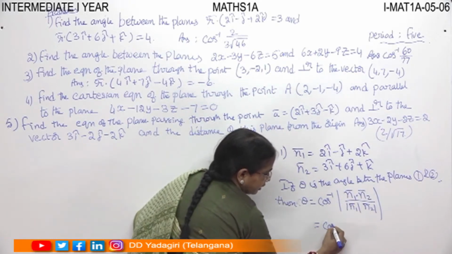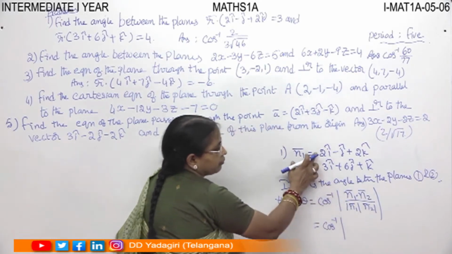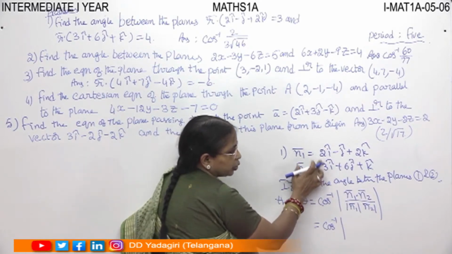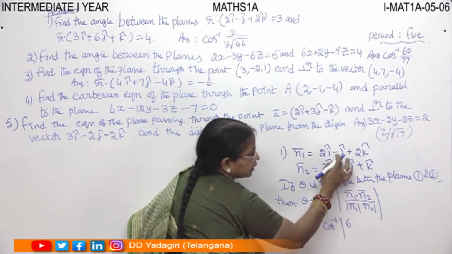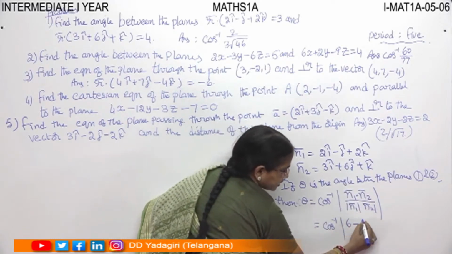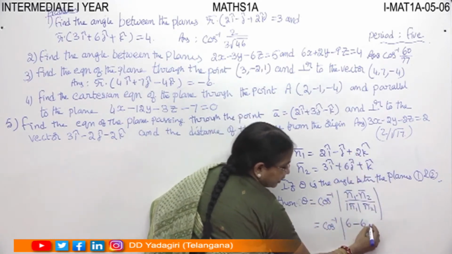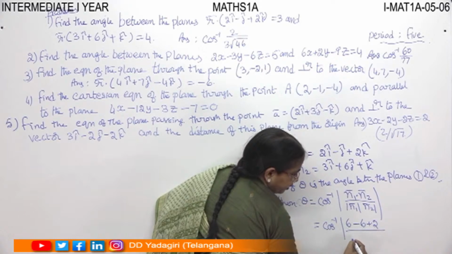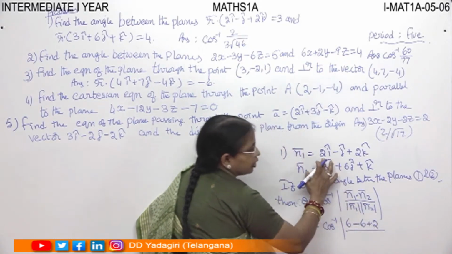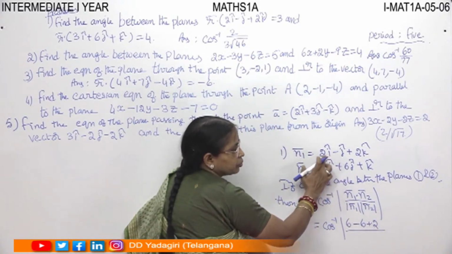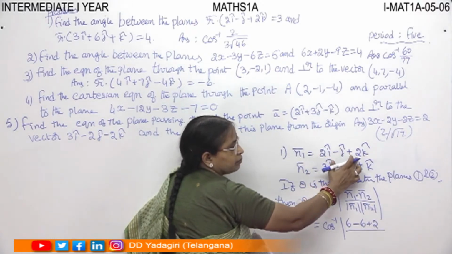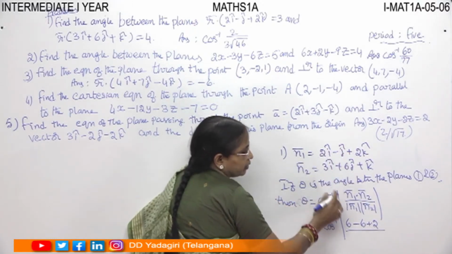So it is cos inverse of mod, what is n1 dot n2, 3 into 2, 6, and then minus 1 into 6, minus 6, and then 2 into 1, that is 2, by mod n1. What is modulus of this? 2 square plus minus 1 whole square plus 2 square, so 9.